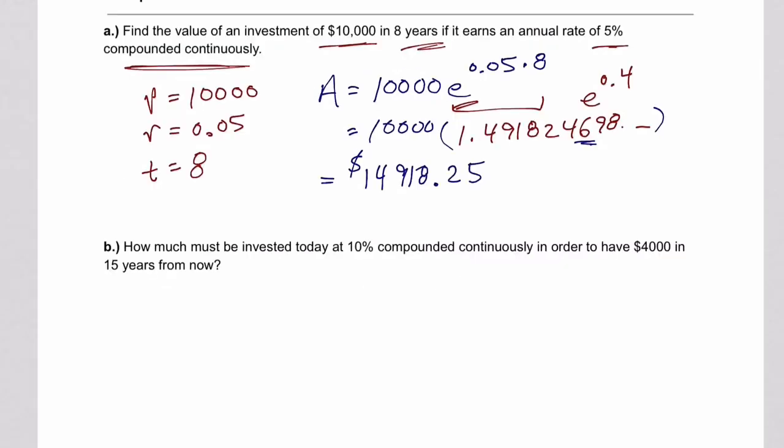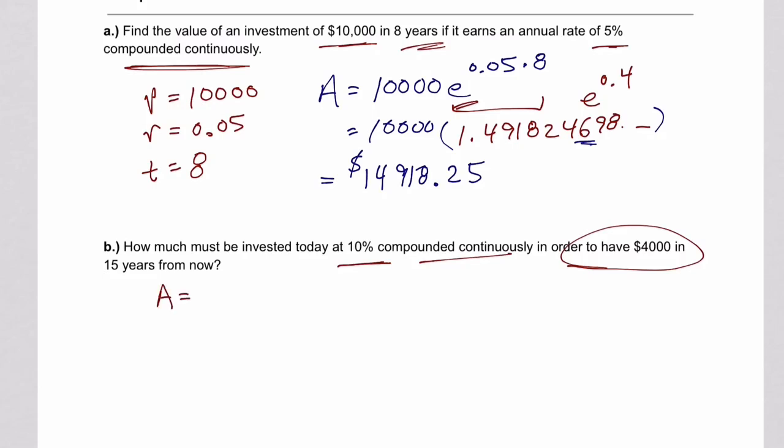The second example is a little bit different, similar, but a little bit different. I encourage you to try to work through it before I discuss it in a couple seconds. So with this problem, we again have continuously compounding interest, this time at 10%, but we'd like to have $4,000 in the future.